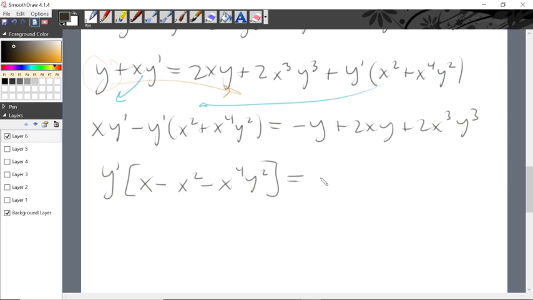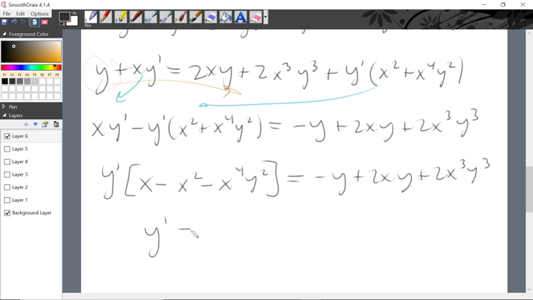Okay, equals this group of terms here, right? Negative y plus 2xy plus 2x cubed y cubed. And now we can divide both sides by this quantity right here.